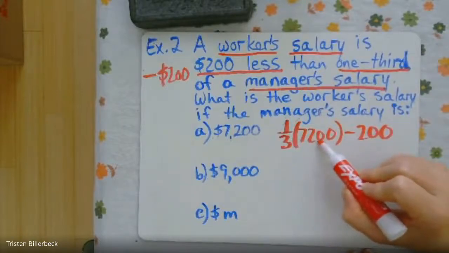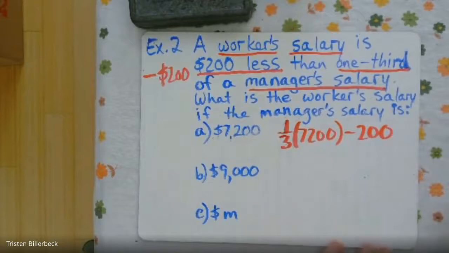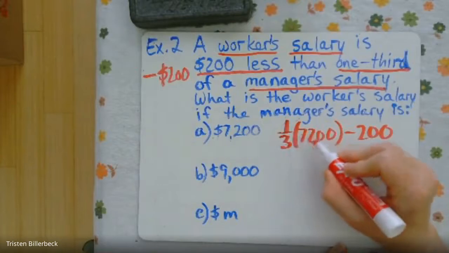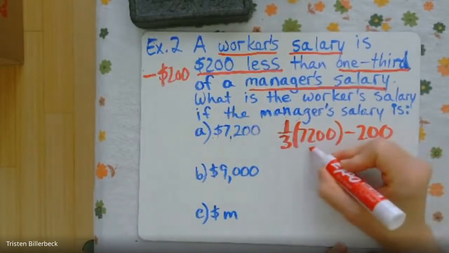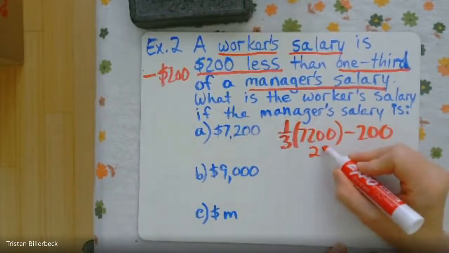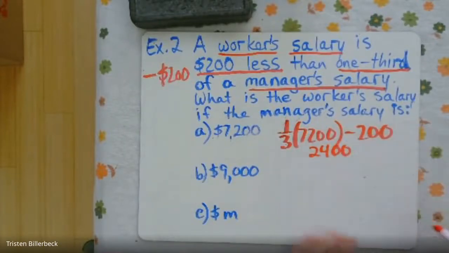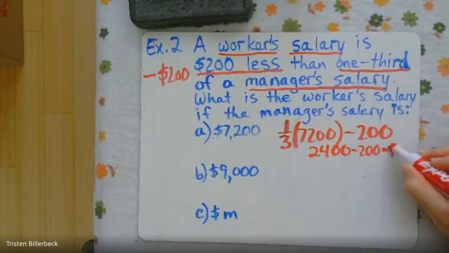So the manager's salary times 1/3 minus 200 will give us the worker's income. So 1/3 of 72. If we divide 7 by 3, that's 2, carry a 1. And then there is 4 3s and 12. So that's 1/3 of 7,200. Then we subtract 200. So the worker's salary is 2,200.